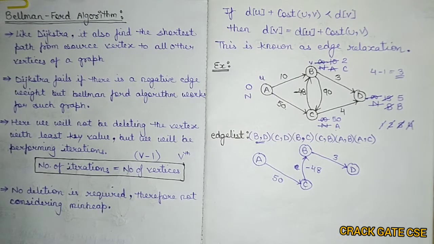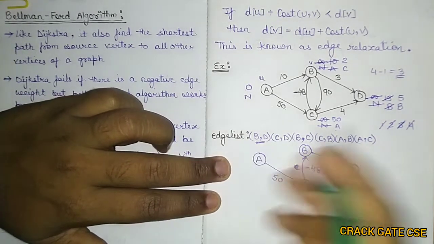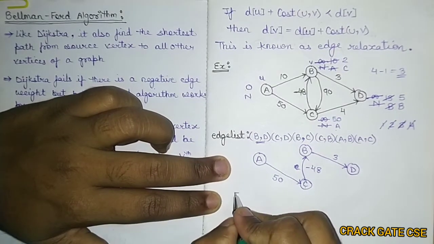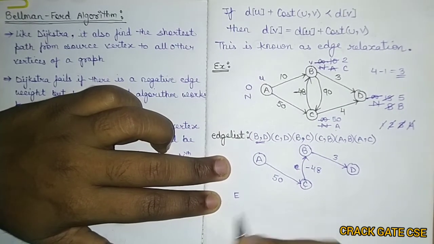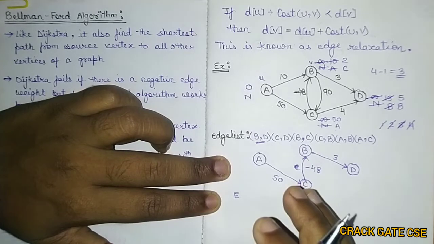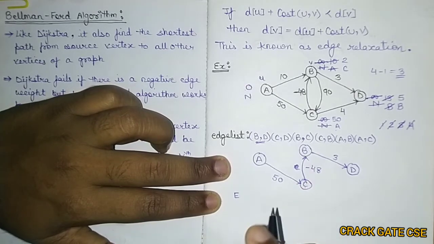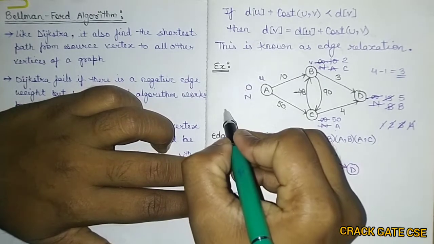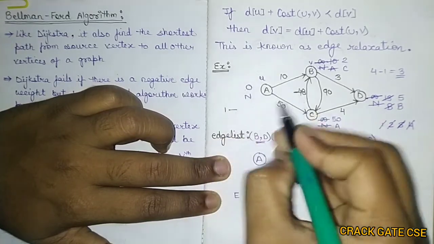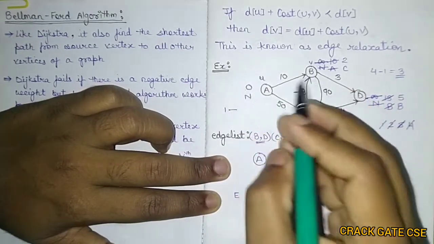Now the question is, what will be the time complexity of this particular algorithm? How can we find out the time complexity? See, for each edge we are performing the relaxation. For how many times? In one iteration we are performing it for all these E edges.